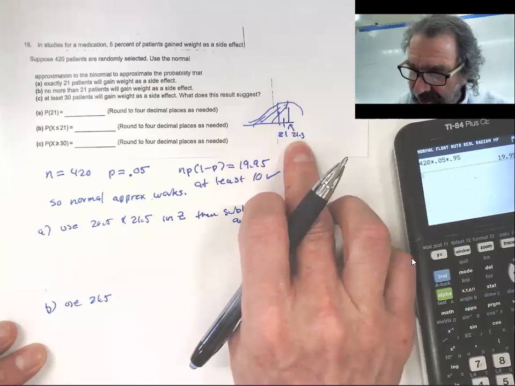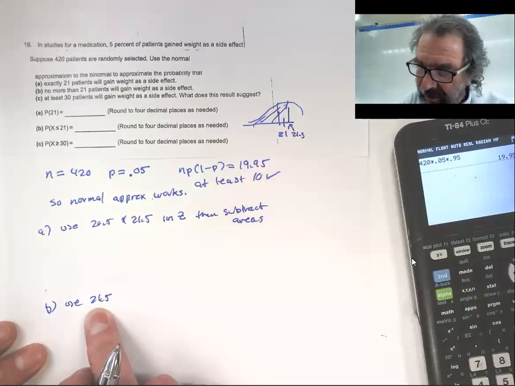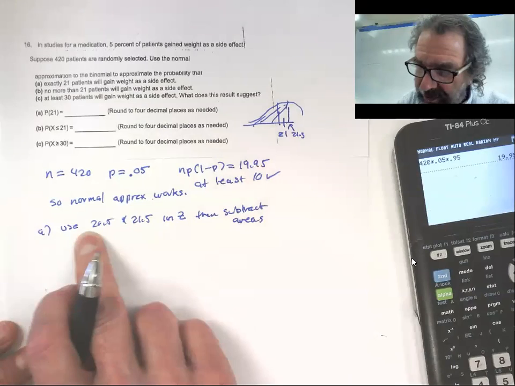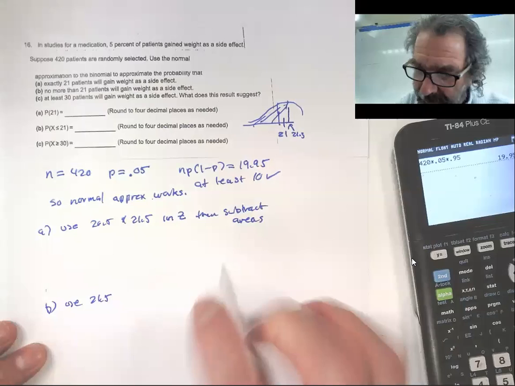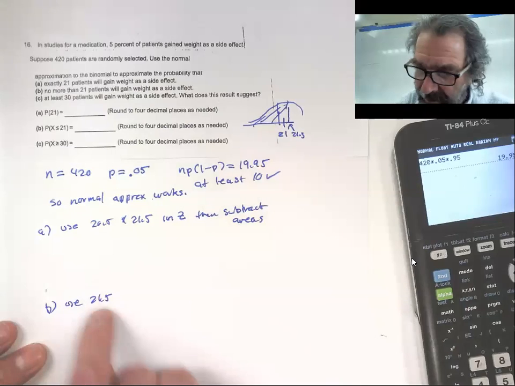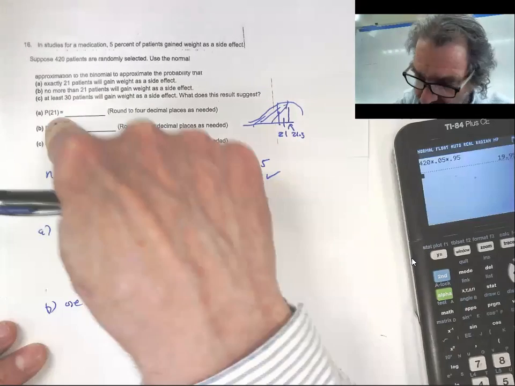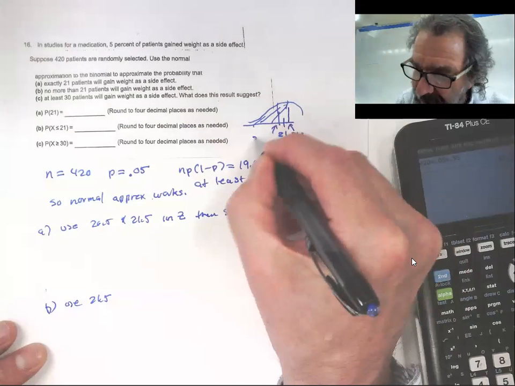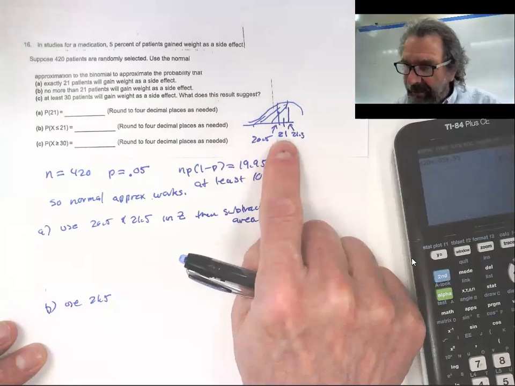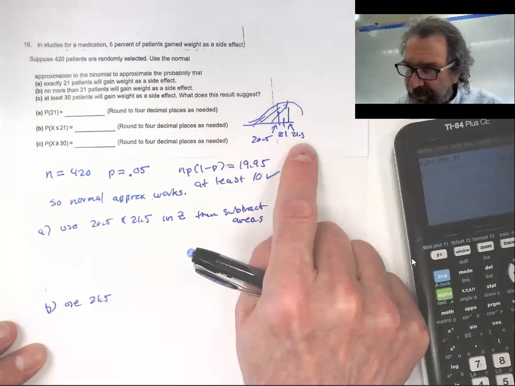So we're going to start at 21.5. That's that one. On the other hand, if I just want the one just above 21, that's what this says. Just above 21, the one on this side is 20.5. So just above 21 goes from 20.5 to 21.5.